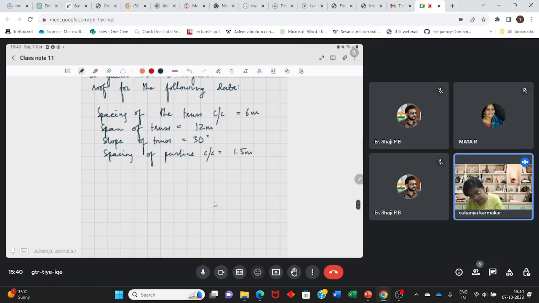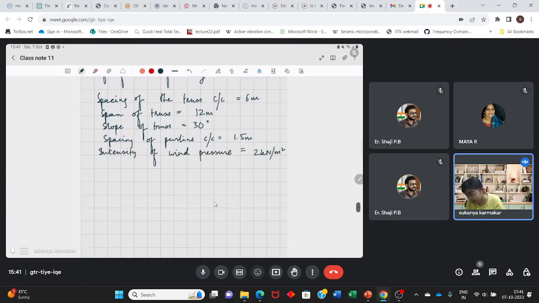Intensity of wind pressure is 2 kilonewton per meter square.